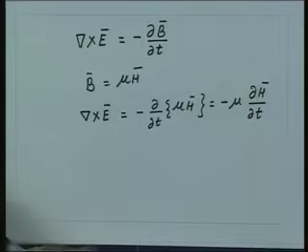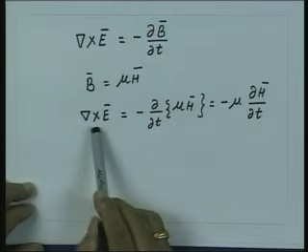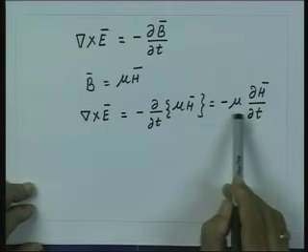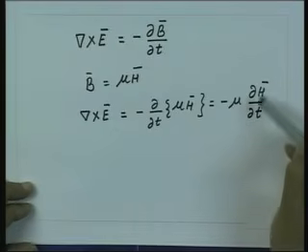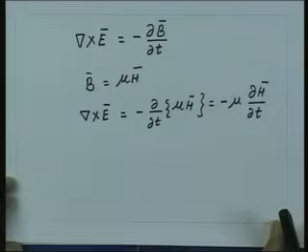So, for a non time varying medium, I have the curl of electric field that is equal to minus mu times the rate of change of the magnetic field strength at that location.